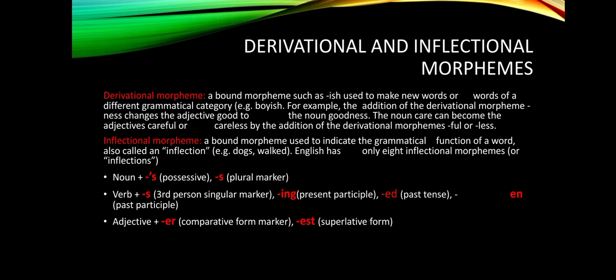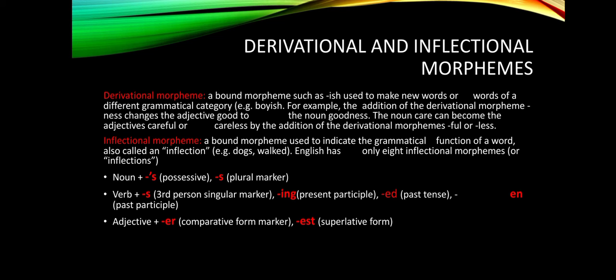word, while inflectional morphemes are those bound morphemes that are used to indicate the grammatical function of a word, also called an inflection. For example, here I have given examples of dogs and walked. We know dog is a single noun, and when we add s at its end, it becomes dogs. That still is a noun, but it carries a plural form.